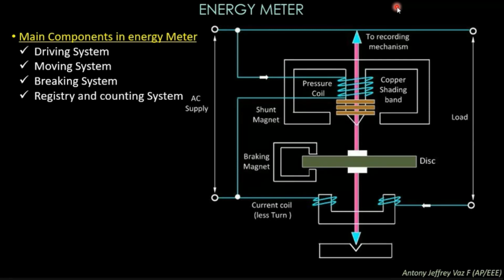The same principle is used in the energy meter also, but the one difference is that the disk will continue to rotate till the supply goes off, and this disk rotation is connected through the shaft to the registry system, which is equivalent to the speedometer. You may see the amount of kilometers run on your bike or vehicle. This will increase one by one and register the number. Similarly, the registry system will be present at the upper end.